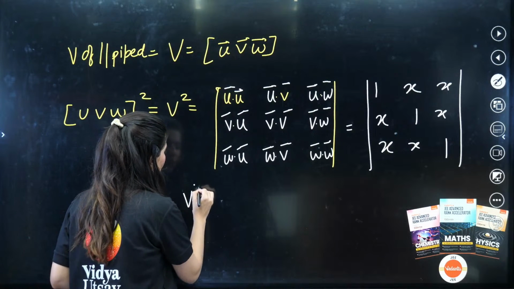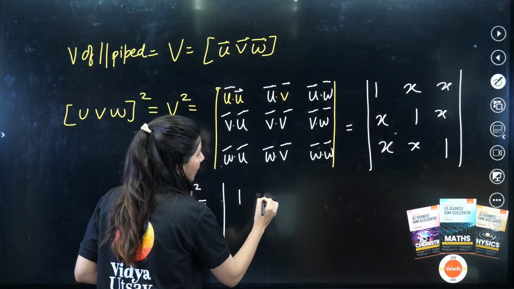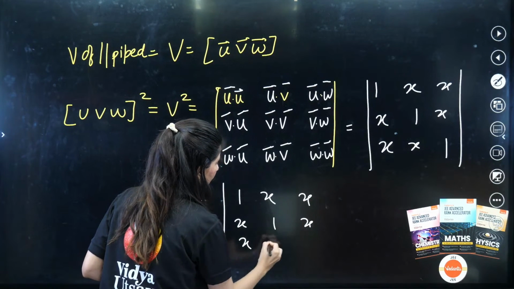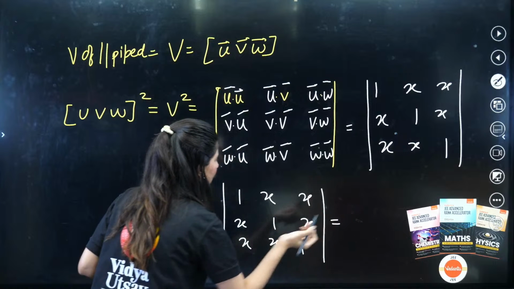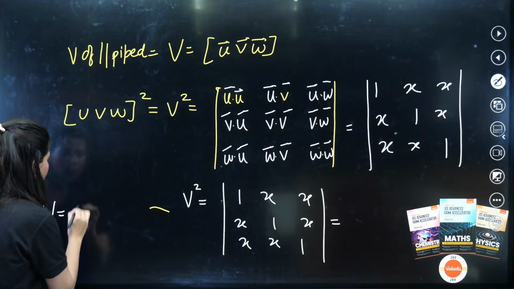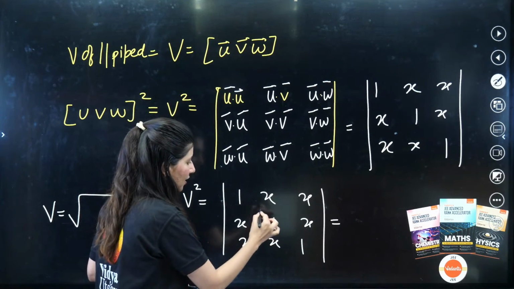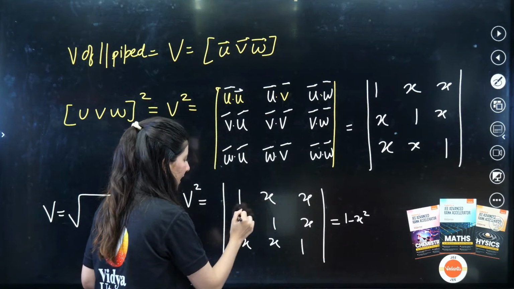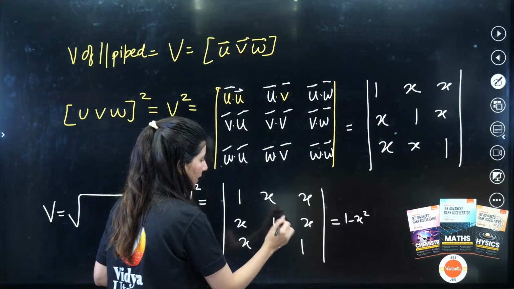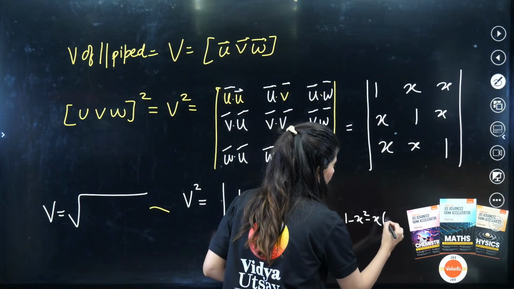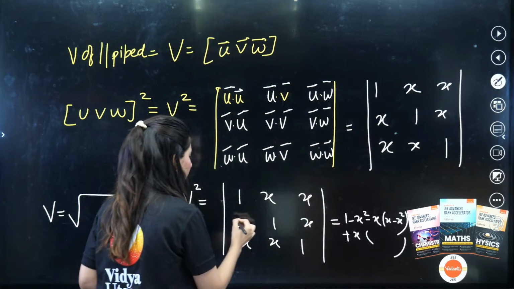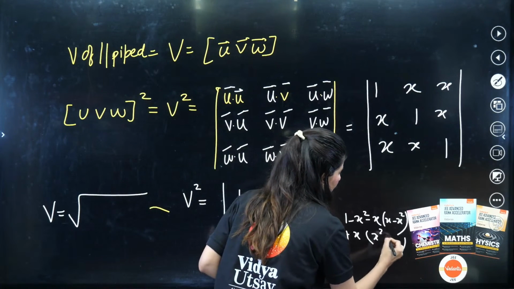So v square is equal to the determinant 1 x x, x 1 x, x x 1. Let us just expand it. So volume will be equal to the square root of 1 minus x square, then minus x times (x minus x square), plus x times (x square minus x).